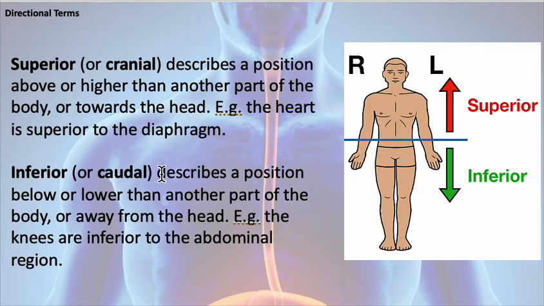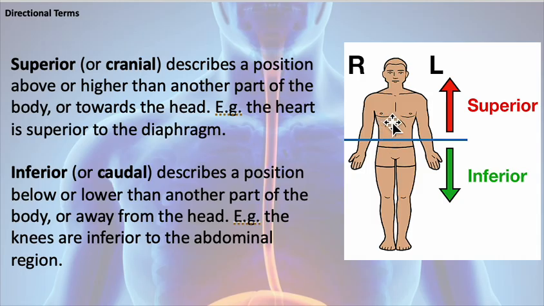They're typically used interchangeably, but they can be helpful when an individual is, for example, lying down on their side. And so if someone's lying down on their side, the word cranial means towards the head, and the word caudal means towards the tail. So now if someone's lying down, we could still think about if they were in anatomical position, and the heart would still technically be above the diaphragm or superior to the diaphragm, for example.